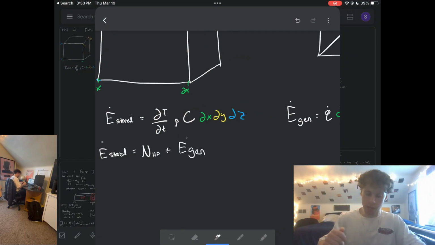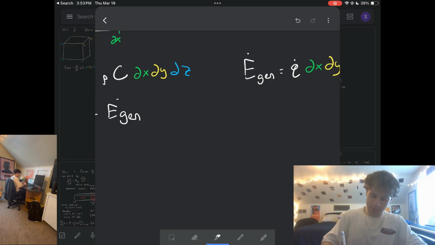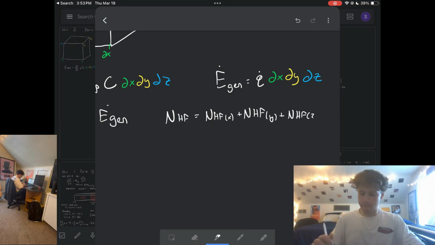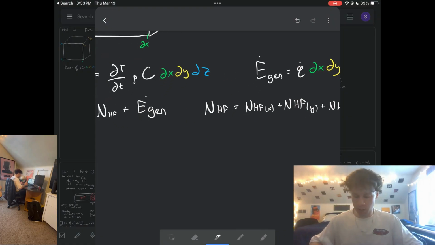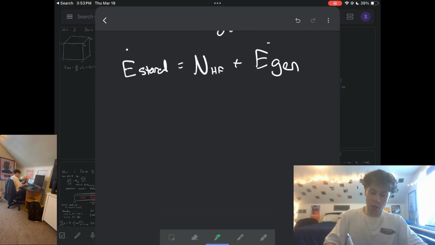Okay, so our net heat flow will be the net heat flow of the x direction plus net heat flow of the y plus net heat flow of the z. Okay, and for example, starting with the net heat flow of the x direction, that's what we'll find first.